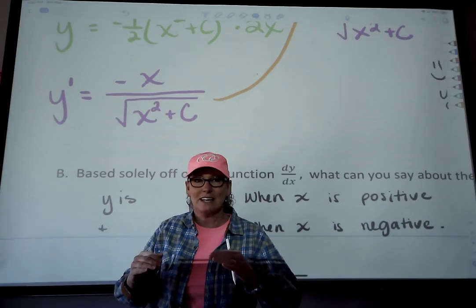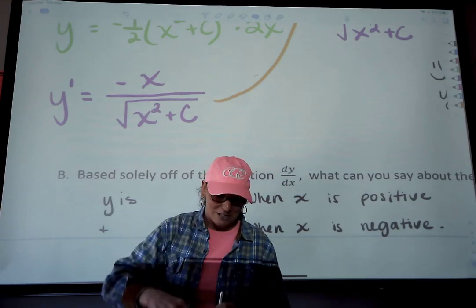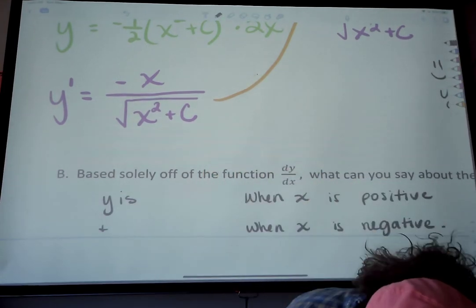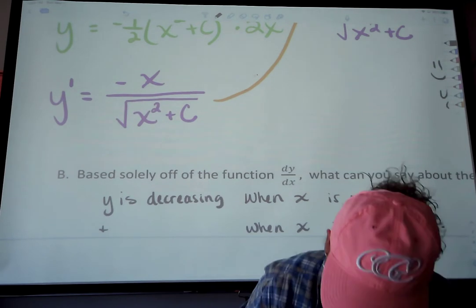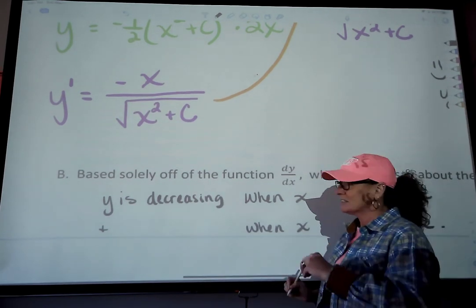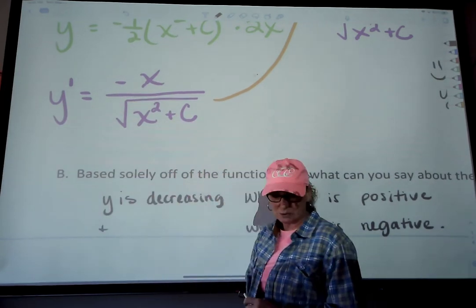My slope is negative, which means y is decreasing. Y is decreasing. How do I know that? Because its slope is negative when x is positive.